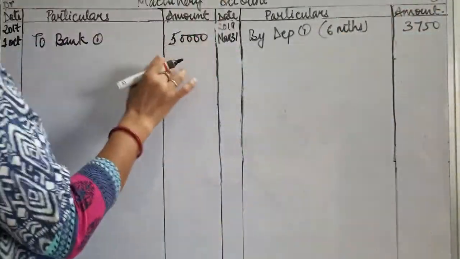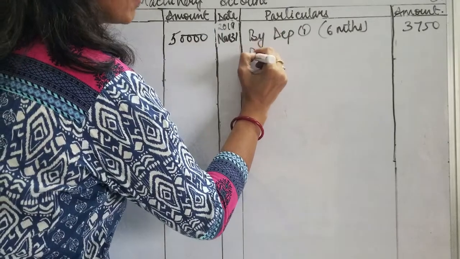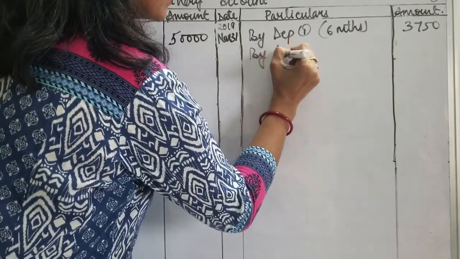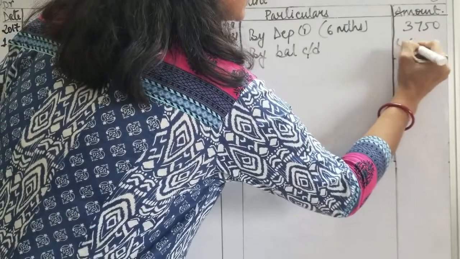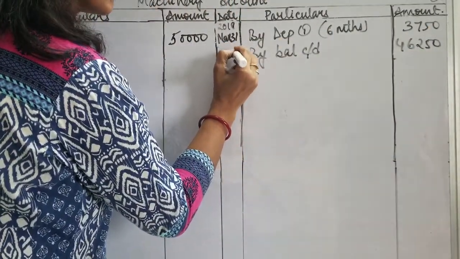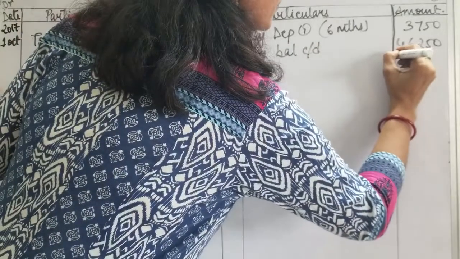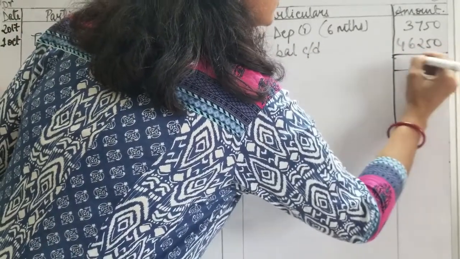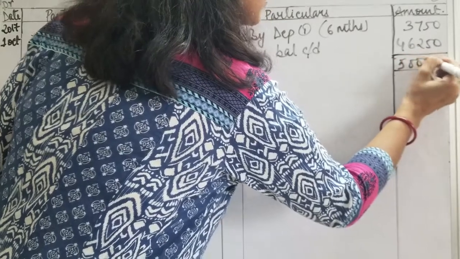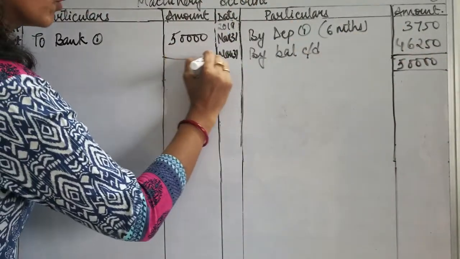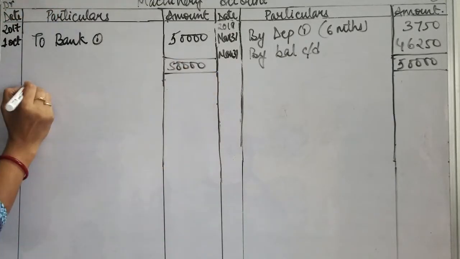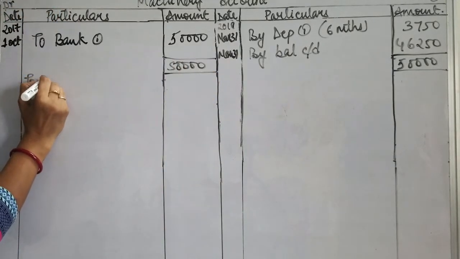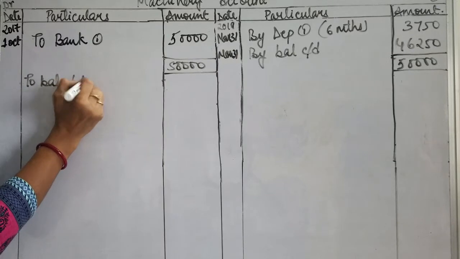Now the closing balance of this machinery will be by balance c/d, carried down, 46,250. Now this closing balance will become the opening balance of the next year, right? So we will transfer that amount here on the debit side to balance brought down.